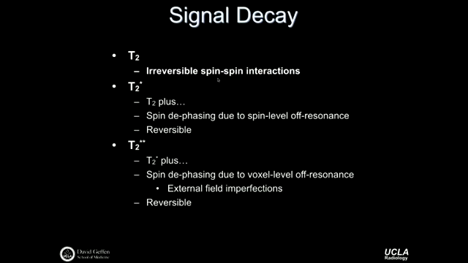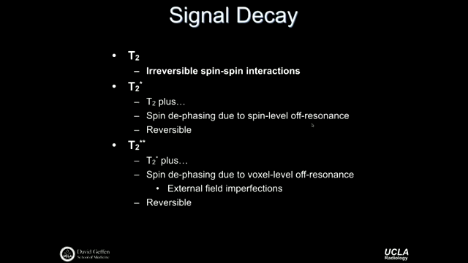So we know the overall signal decay is governed by some different relaxation time constants. One is T2, and T2 is irreversible. It's spins interacting with spins, and there's nothing we can do about it. There's also what we call T2 star, which includes T2, but it also includes spin dephasing due to spin-level off resonance.